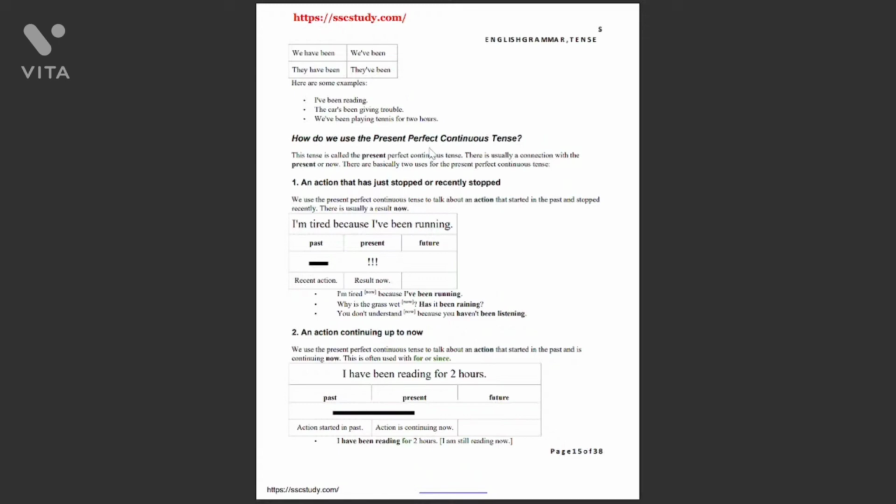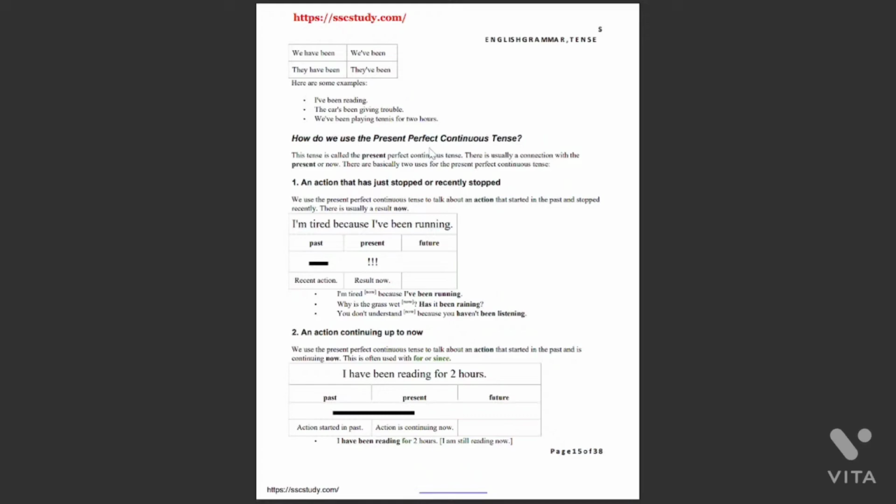Firstly, the action that has just stopped or recently stopped. We use the present perfect continuous tense to talk about an action that started in the past and stopped recently. There are usually results now, like I'm tired because I have been running.